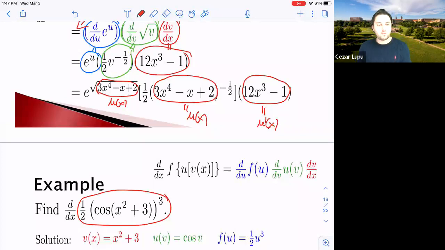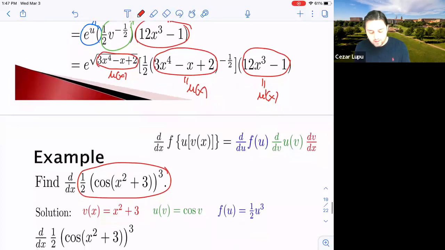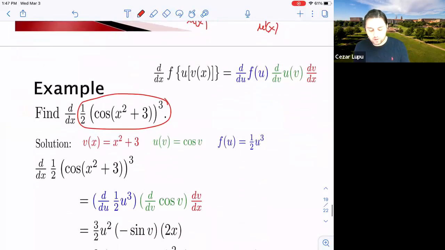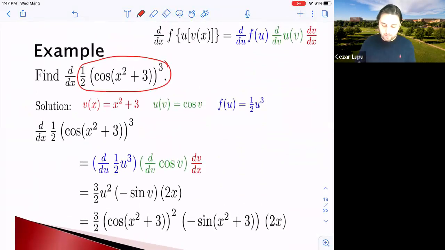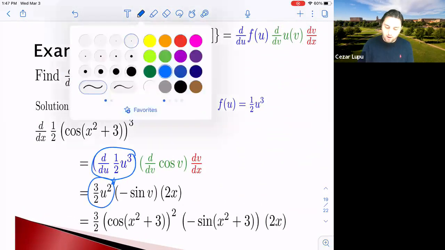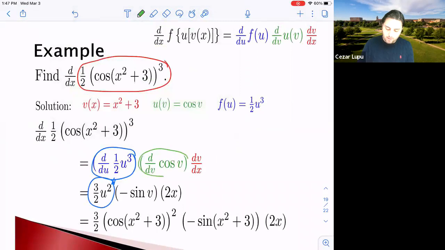And now we're just going to apply the chain rule. It's the same thing again. Okay, I'm just going to show it to you, and I'll leave it to you to figure it out. The only thing I'm going to mention here is just look at the derivatives. Look at this guy here. You can identify as this guy, right? Also, look at this guy here in green.